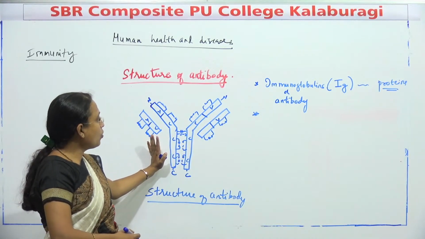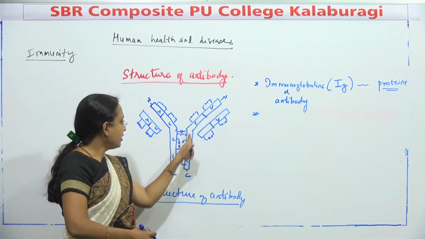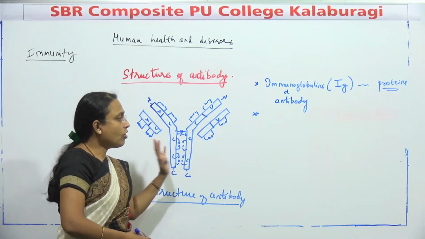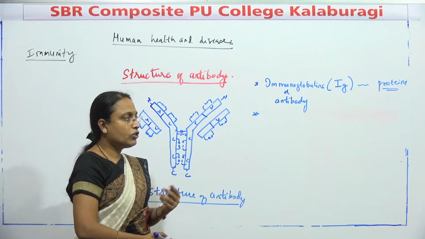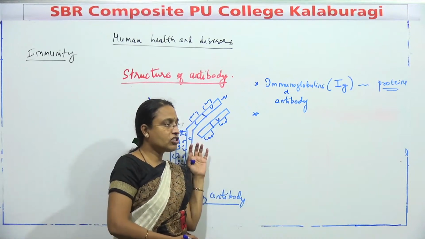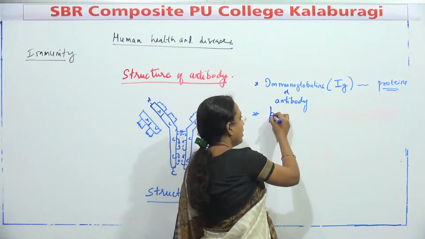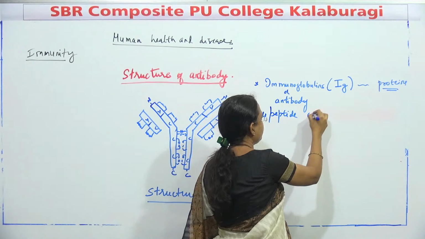In this, you have totally how many chains? 1 chain, 2 chain, 3 chain and 4 chain. Totally 4 chains are there. So what are these chains made up of? Peptide chains. Even though it's a glycoprotein, the primary structure of an antibody is a peptide chain. So here it consists of 4 peptide chains.